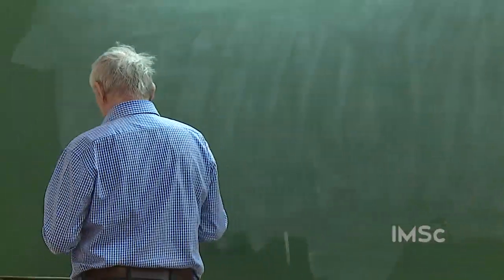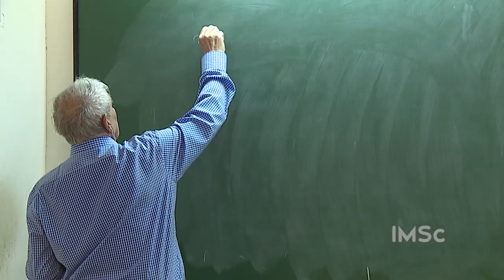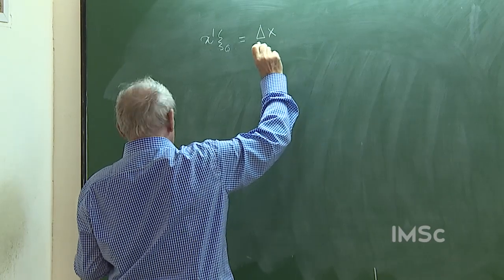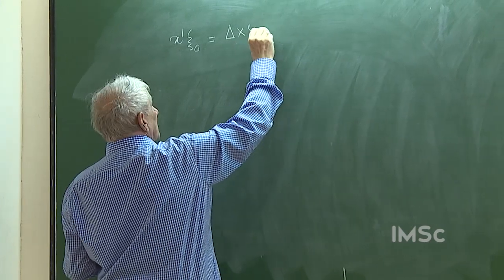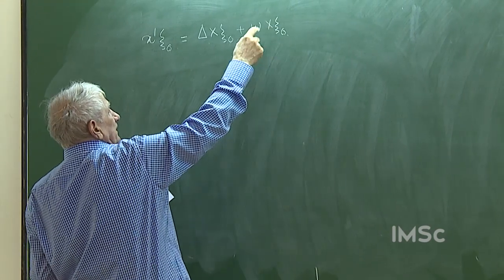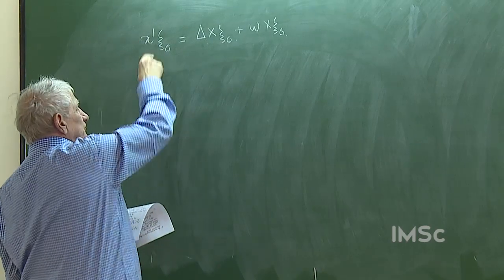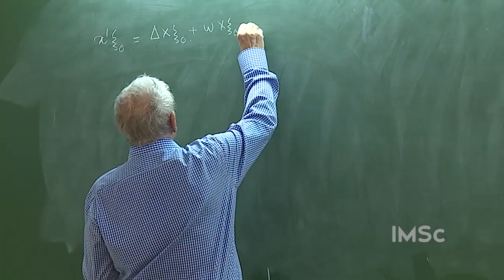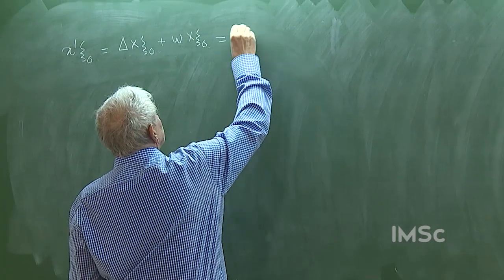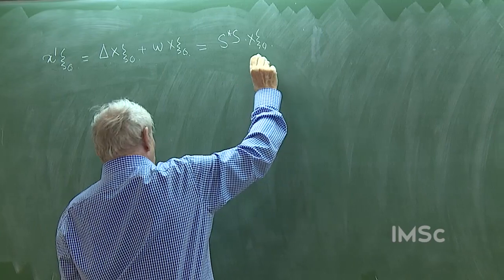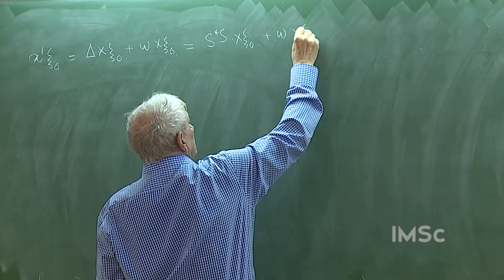Now, I have x prime psi naught. It's equal to delta x psi naught plus omega x psi naught, just because the fact that x psi naught was delta plus omega to minus 1 of this thing in here, right? Okay, this is equal to delta means s star s of x psi naught plus omega x psi naught.